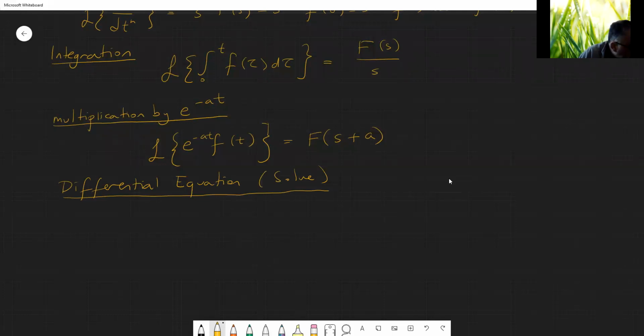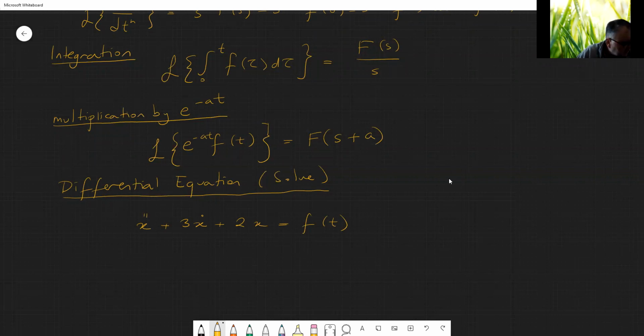Let's say that you have a differential equation like this one, x double dot plus 3x dot plus 2x equals f of t. That's the differential equation.